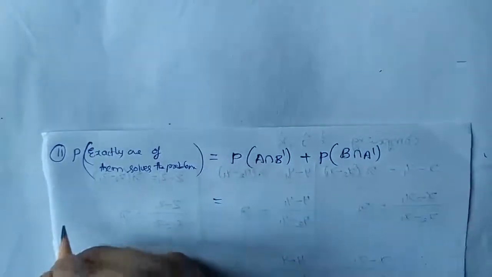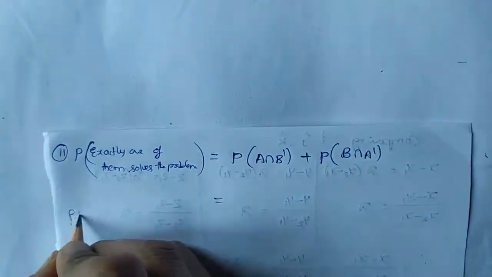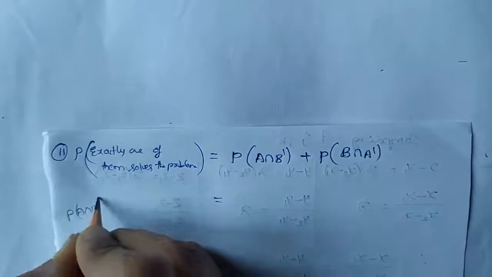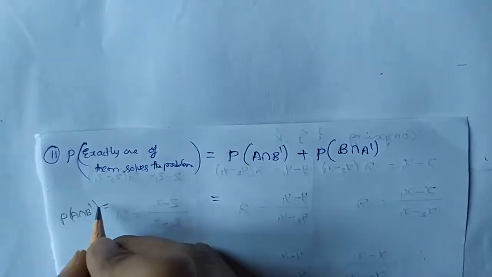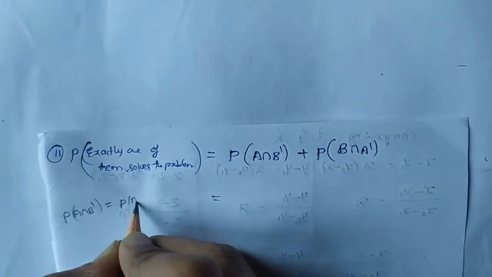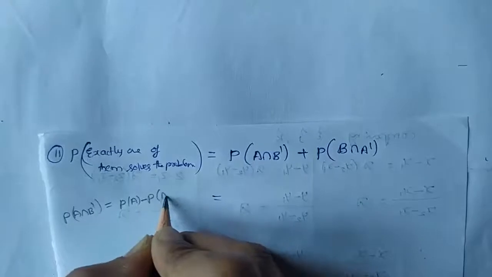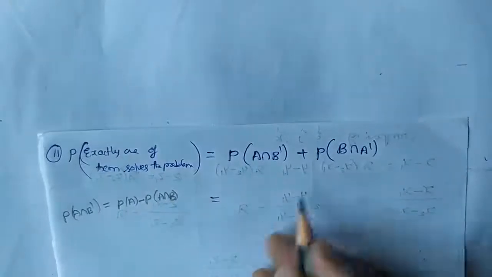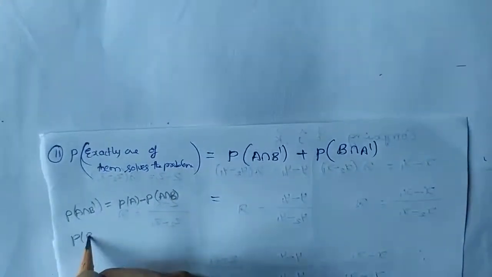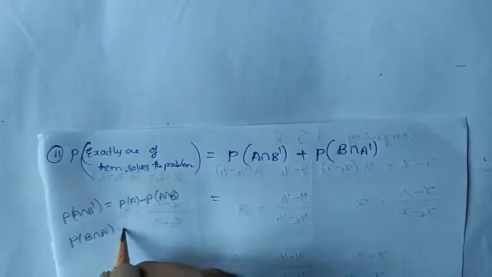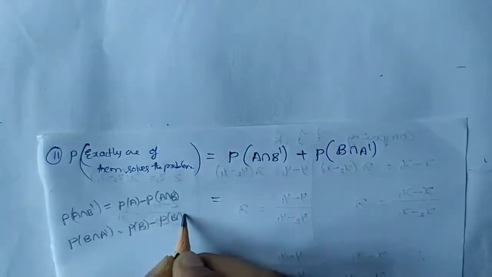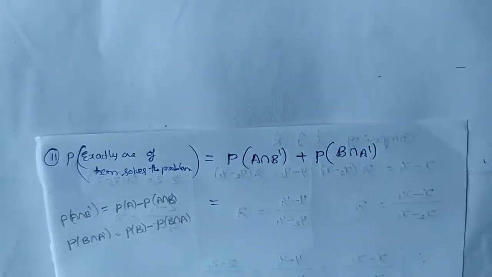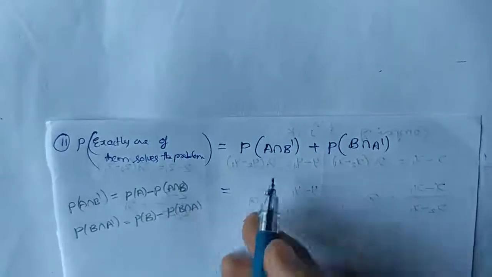Now P of A intersection B dash, we have some formulas from our first PU: P of A intersection B dash can be written as P of A minus P of A intersection B. Similarly, P of B intersection A dash can also be written as P of B minus P of B intersection A. Let us apply these properties here.